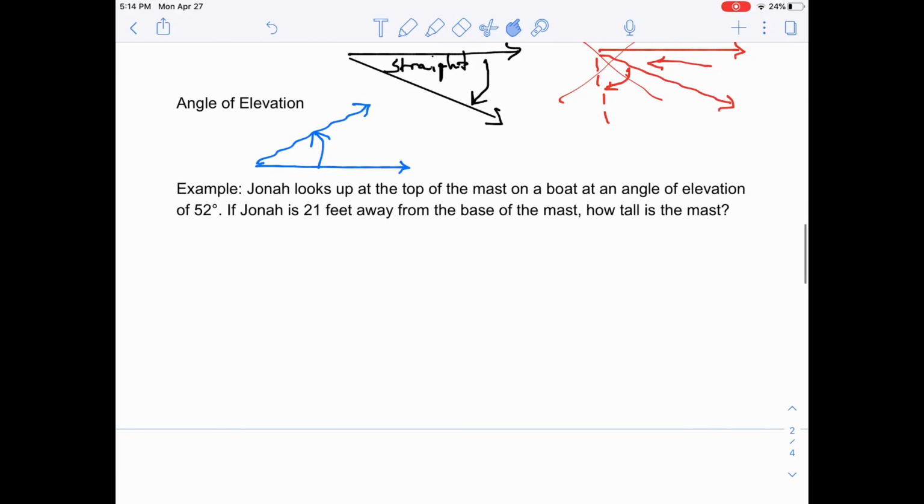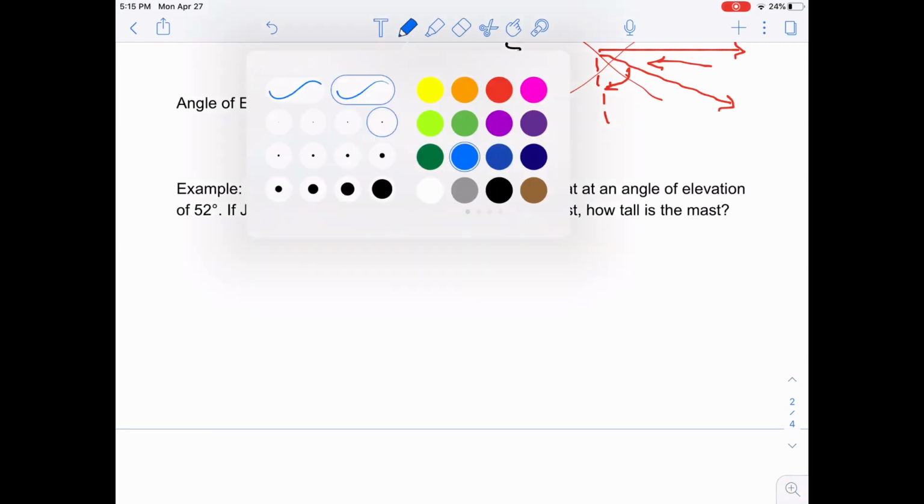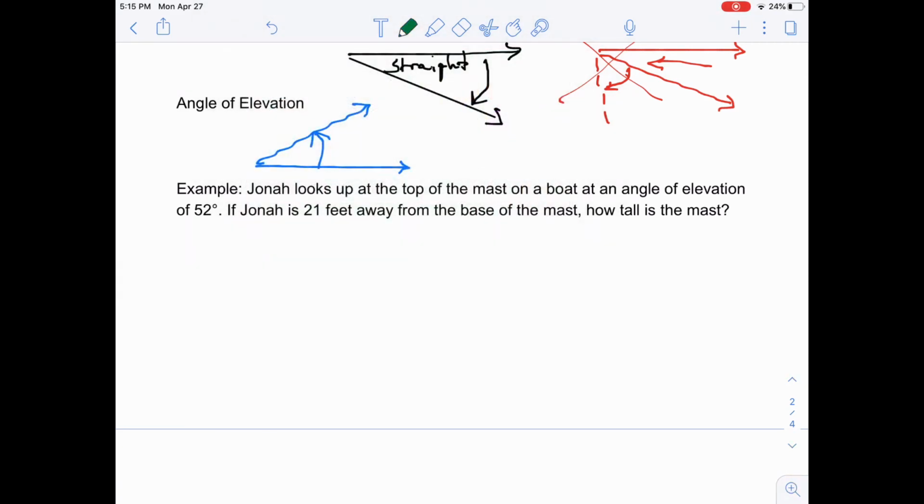This example says Jonah looks up at the top of a mast on a boat at an angle of elevation of 52 degrees. So let's draw that first part here. When Jonah is here, he looks from straight out, he looks up, and that's at 52 degrees.